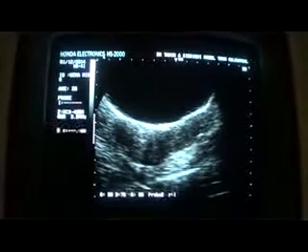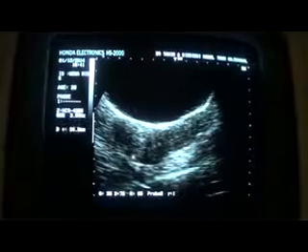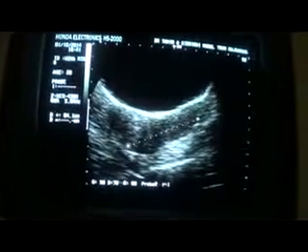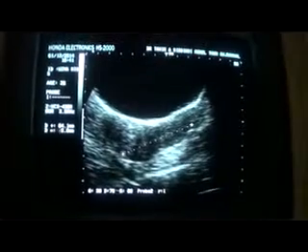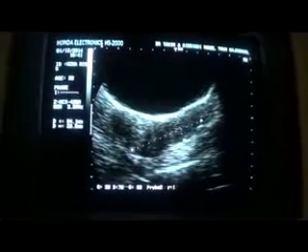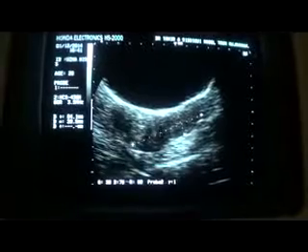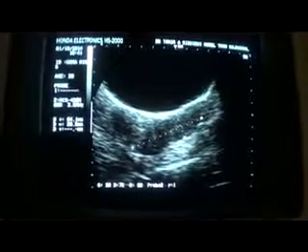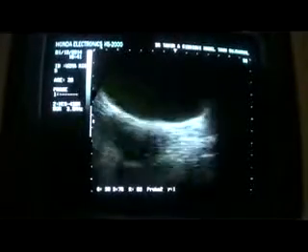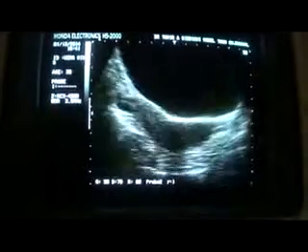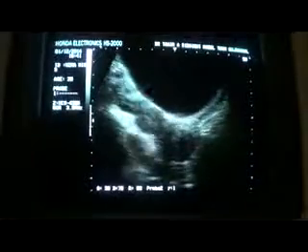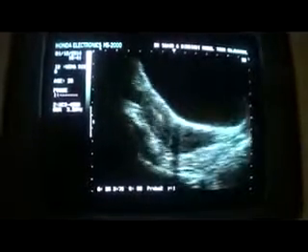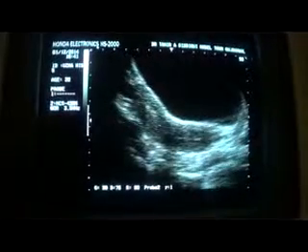Now you will get the proper length of the uterus. It is 6.4 because we have to include the cervix, and this is the cervix of the uterus on the left side. So this is measuring 6.4 by 2.0, though the anterior-posterior diameter is less. This is the uterine body on the right side of your screen.